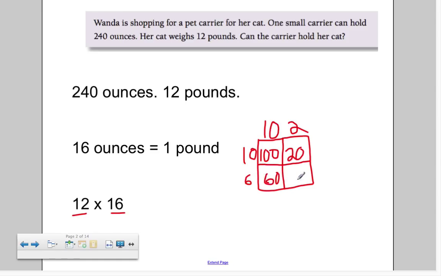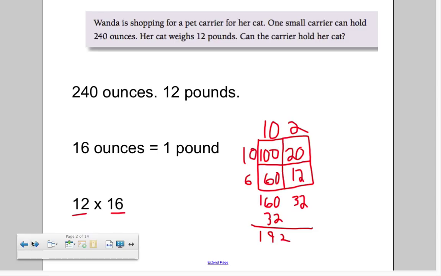And 6 times 2, that's 12. And we can add all of this up. 100 plus 60 is 160. And 20 plus 12 is 32. Then we have to add those two together. I'll put the 32 underneath. Add it real quick, and you'll get 192.